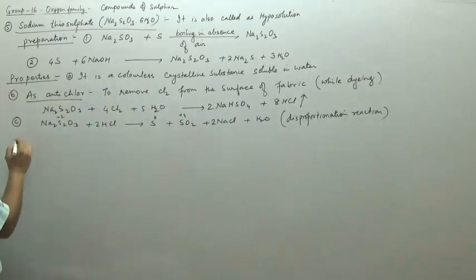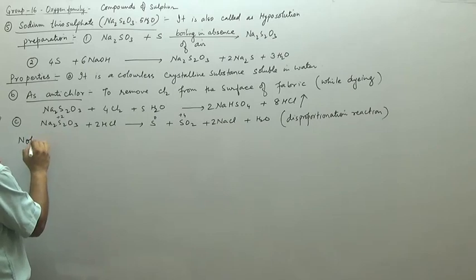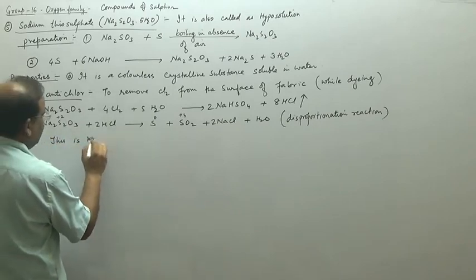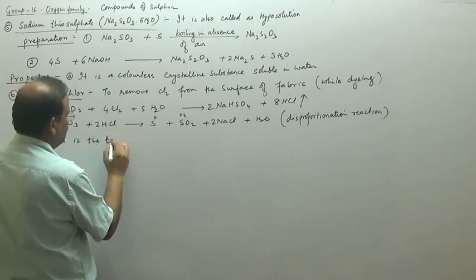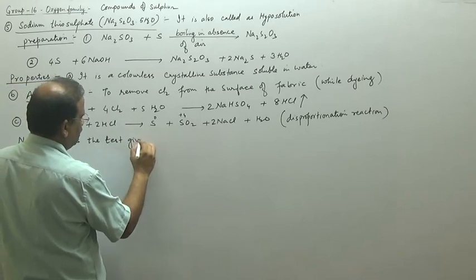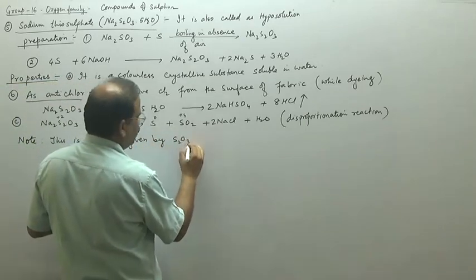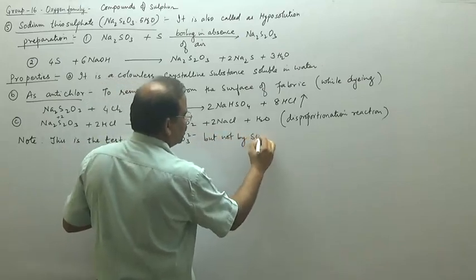Next, we can write another property, this is a test. Note that this test is given by S2O3 2 negative, but not by SO3 2 negative.